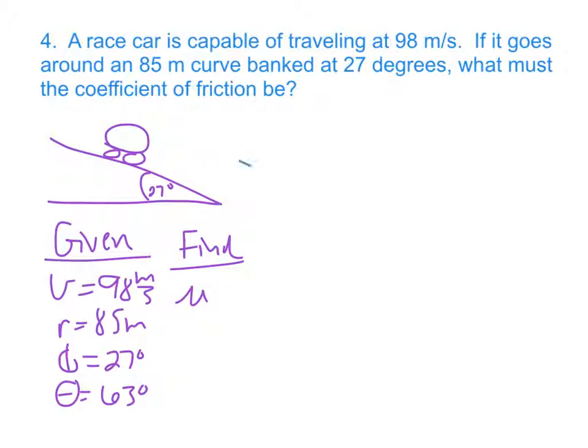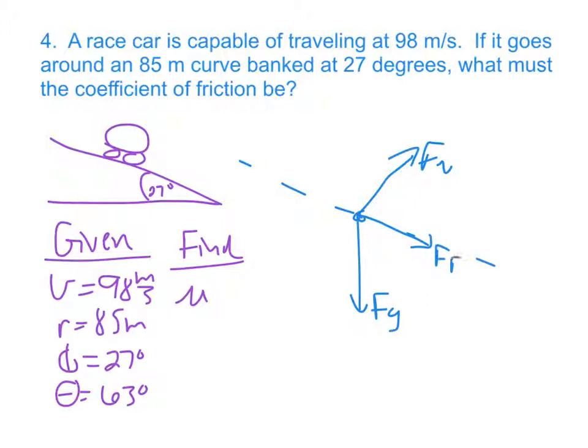So force diagram. Going down we have Fg. Perpendicular to the surface is Fn. To keep it at maximum speed, remember we want to keep it from flying off, so our frictional force has to go down the incline.